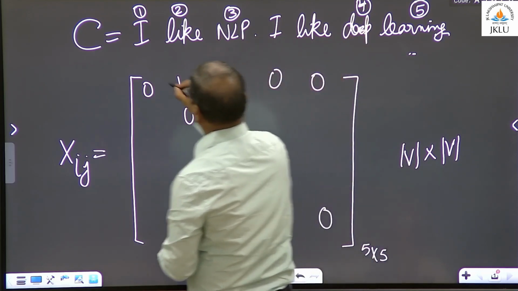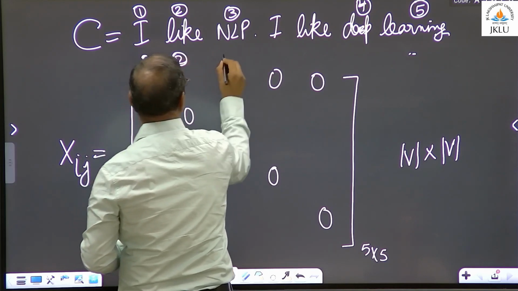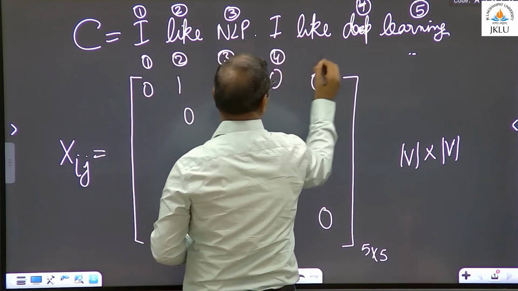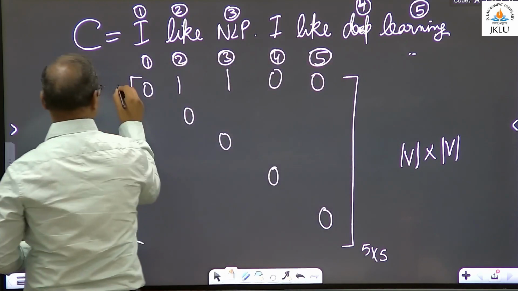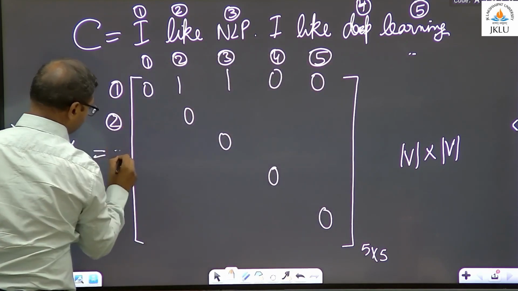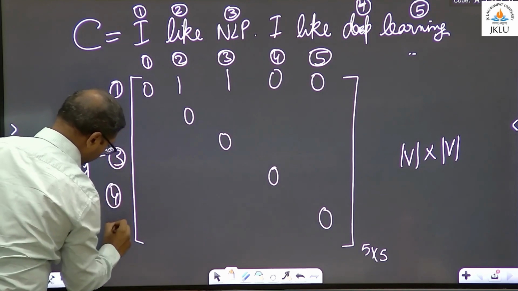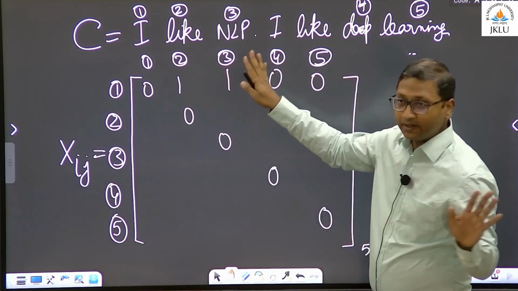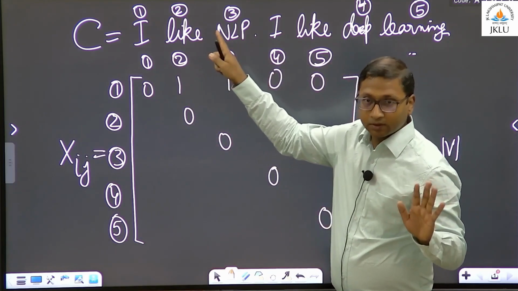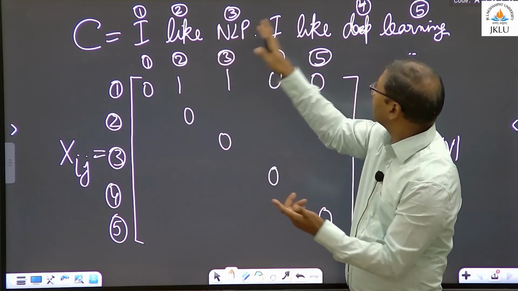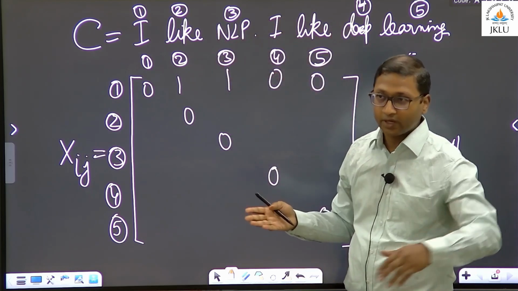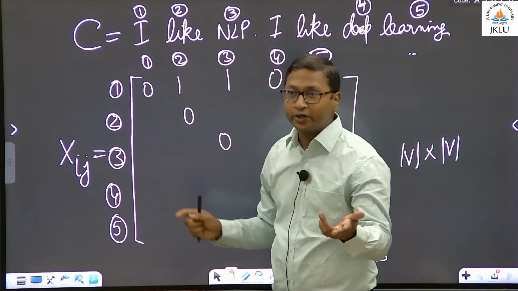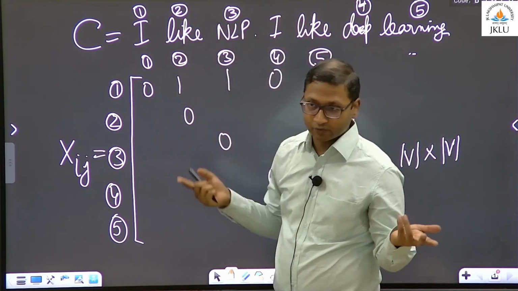So 1, 2, 3, 4, 5. Now this is fine. Once I come there, we'll do that. I'll update this one, or you can do it this way, that look at all the pairs at once.